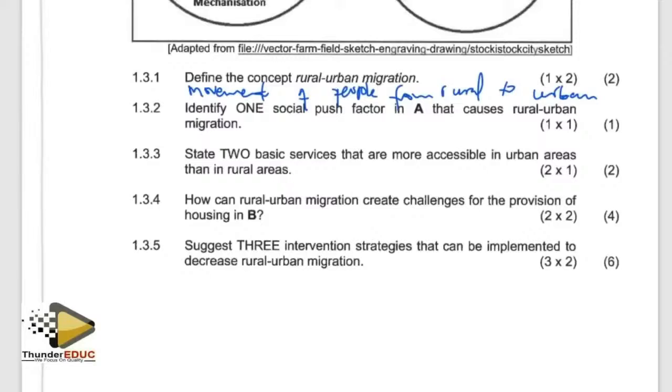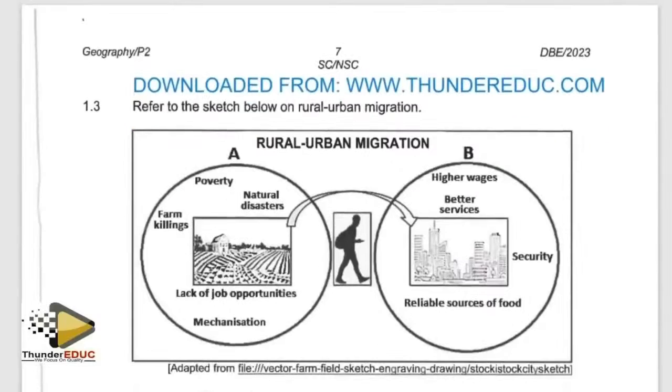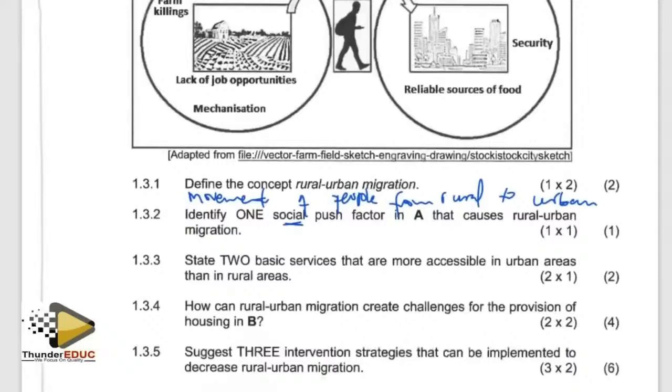What is it? Push, but they want only social. That is identified in the push factors in A. So when you look at A here, which one is social? Obviously, the one that affects people's life directly is poverty.